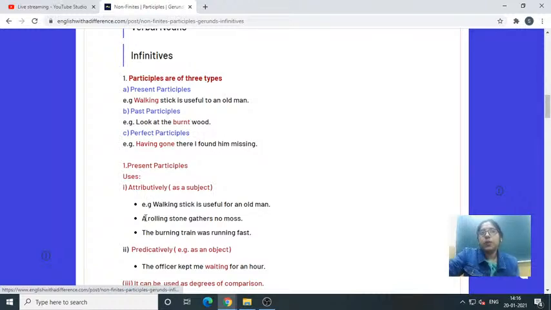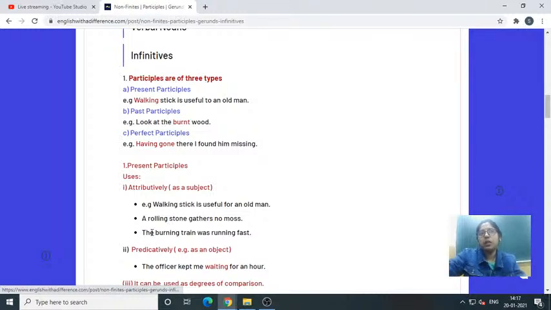Got it? Next one is a rolling stone gathers no moss. A rolling stone gathers no moss. So here it is also used as a subject, a rolling stone. Got it? This present participle is used as a subject. Do you know how to use this one? So this way while writing you can use it.